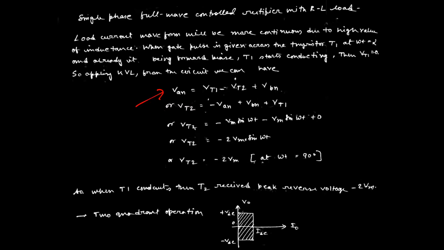We can rewrite the expression as VT2 equal to minus VAN plus VBN plus VT1.